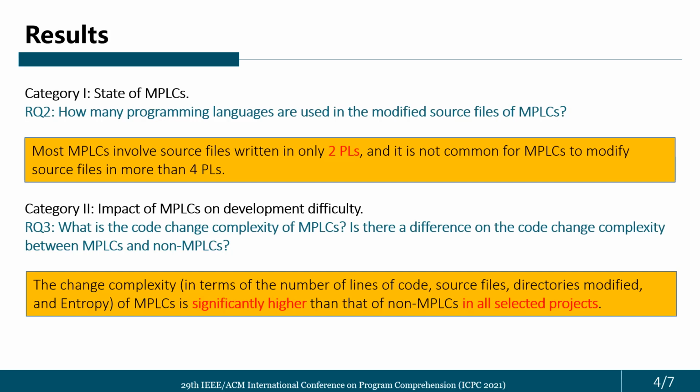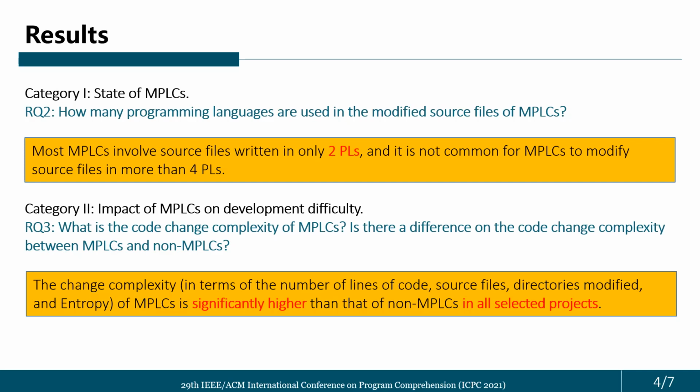Research question 3 is about what is the code change complexity of MPLCs. Is there a difference on the code change complexity between MPLCs and non-MPLCs? Change complexity can be measured by the number of lines of code modified, number of source files modified, number of directories modified, and entropy of source files modified.